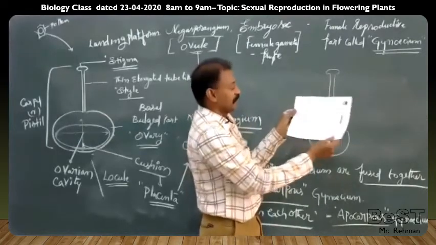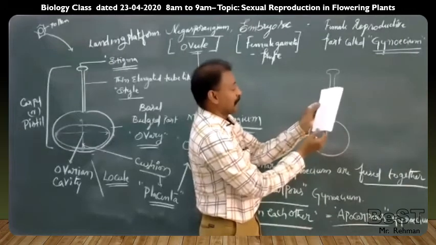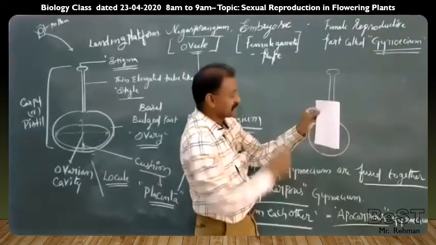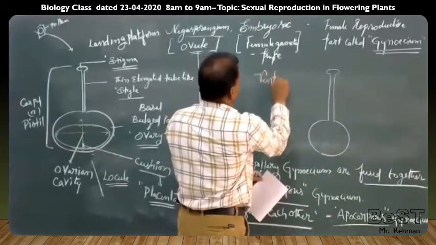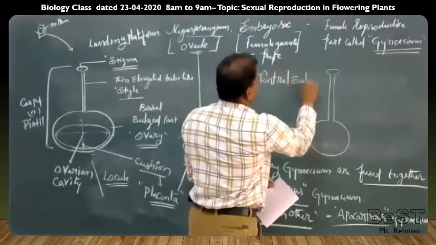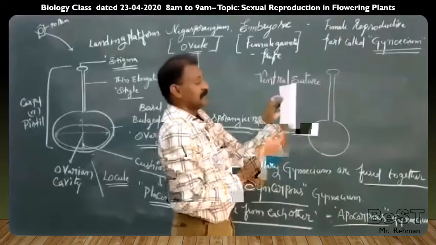And when we see that these two margins are joined together, the place of joining of these two margins is called ventral suture. What is ventral suture?